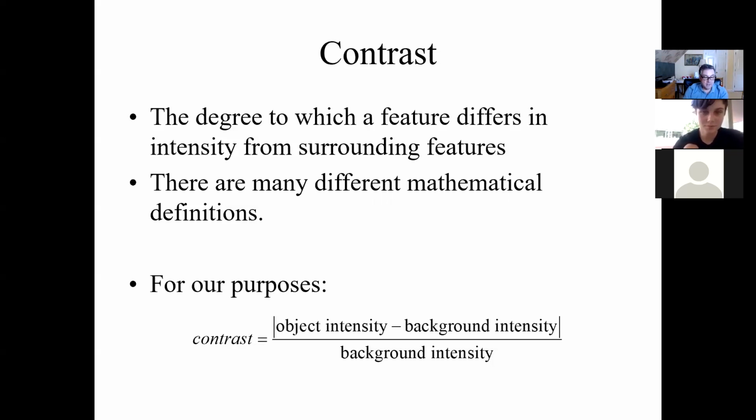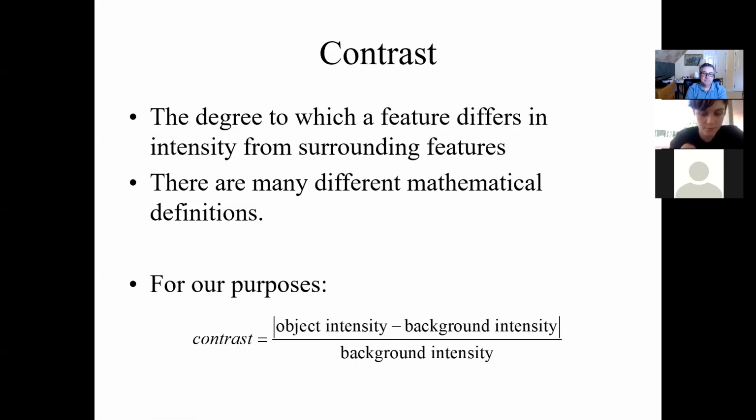Okay. All right. So contrast. When we talk about contrast, there are a lot of different mathematical definitions, because a lot of times you do a study, you have an object, and you want to calculate its contrast. There are different twists on this, but basically the idea is, what's the difference between the object and the background, relative to the background?